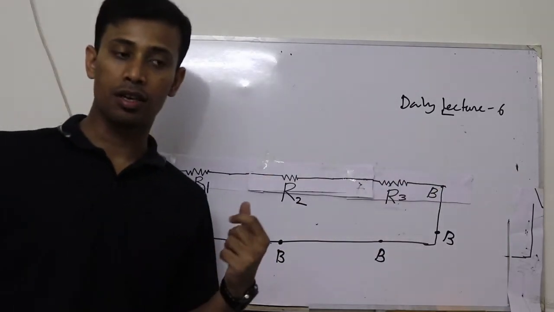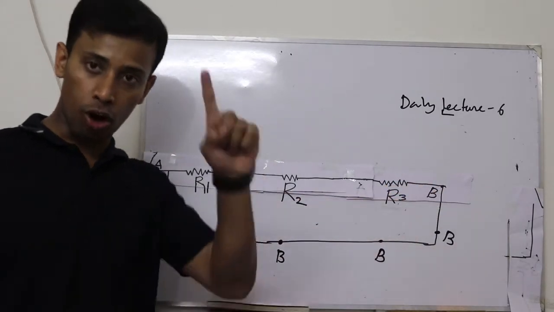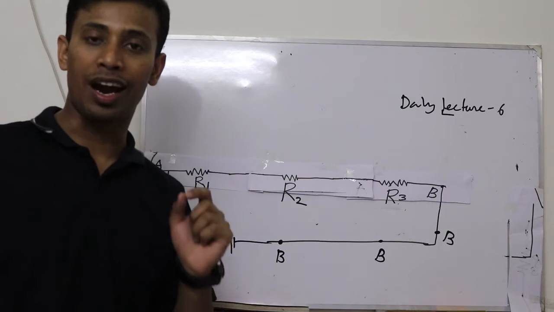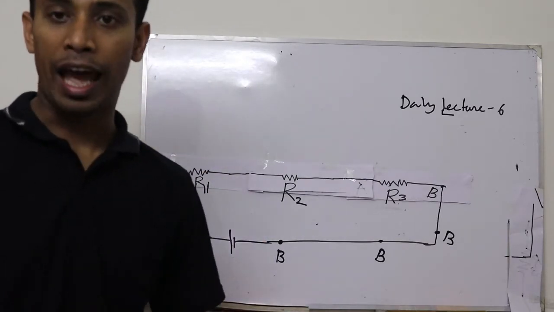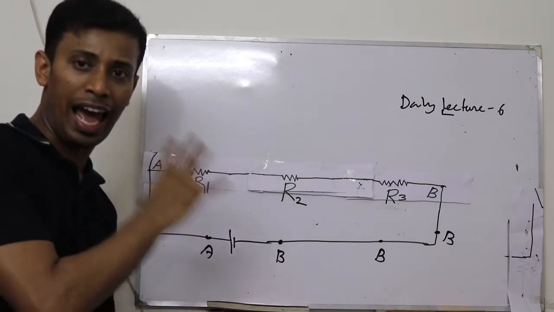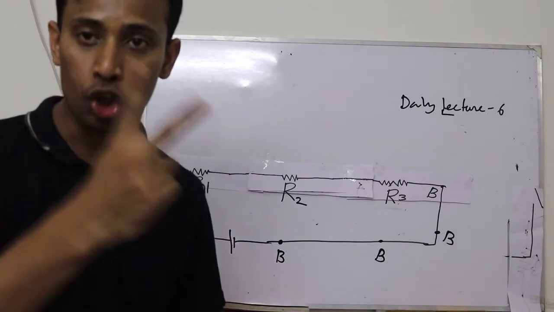Resistance-less means it's a normal line, and in a normal line every point is the same because they have the same voltage. So now it looks like a series circuit.